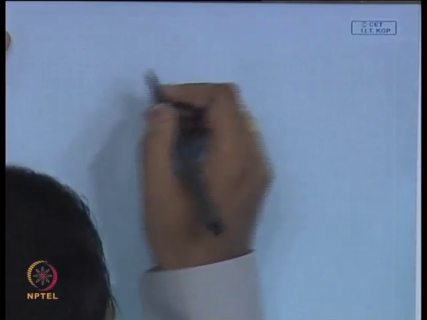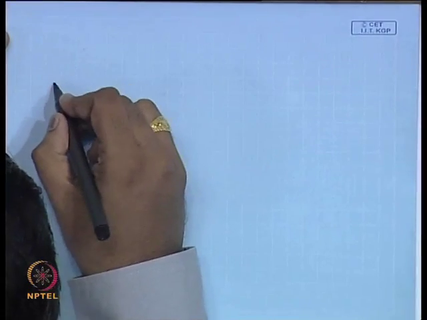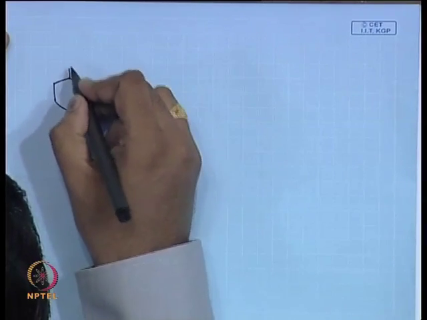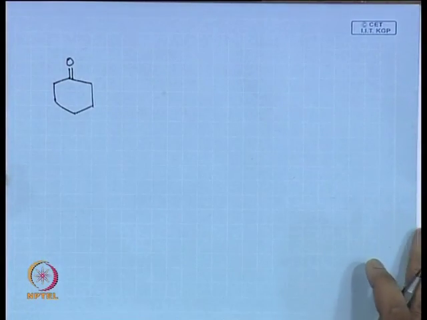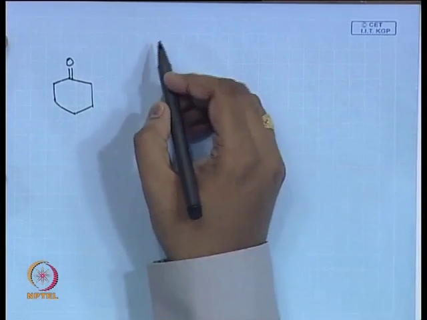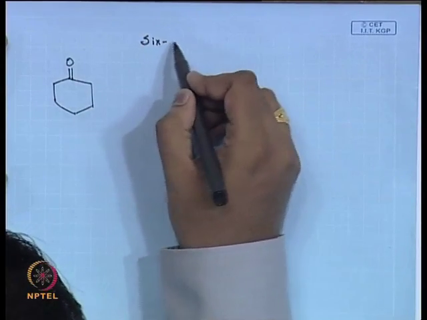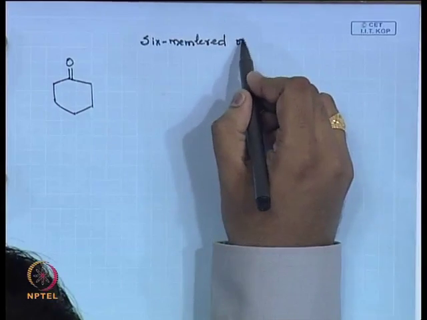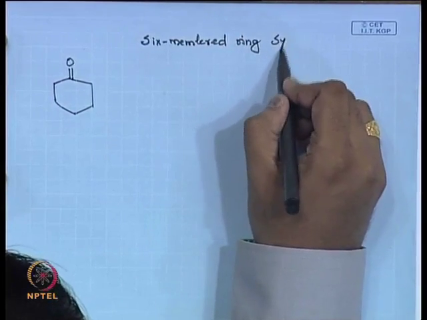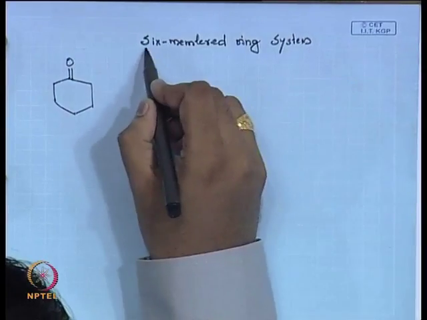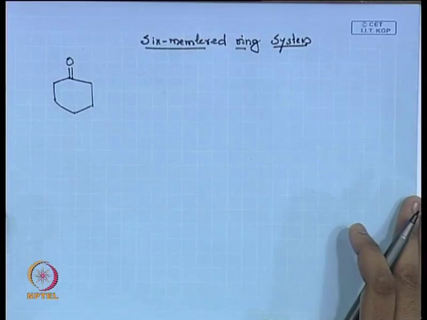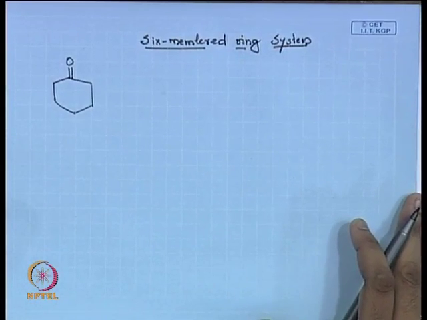So, basically the 6 membered ring, we will consider cyclohexanone. Okay.